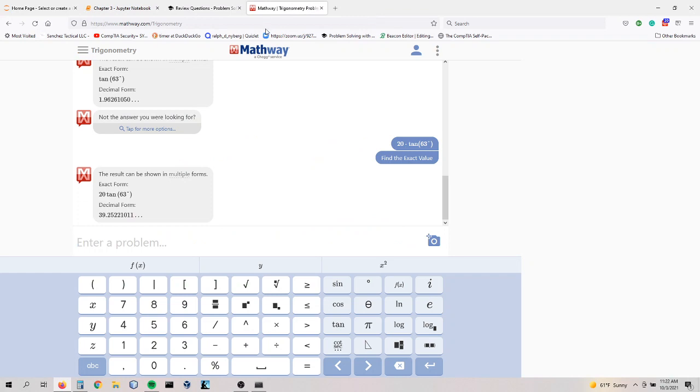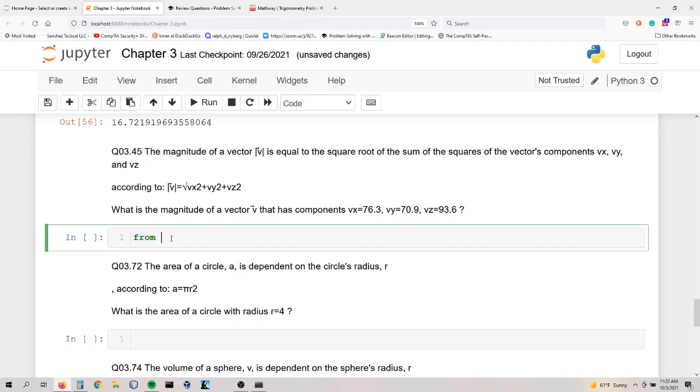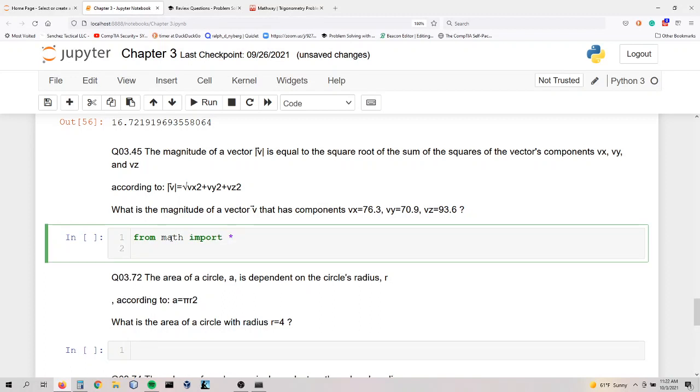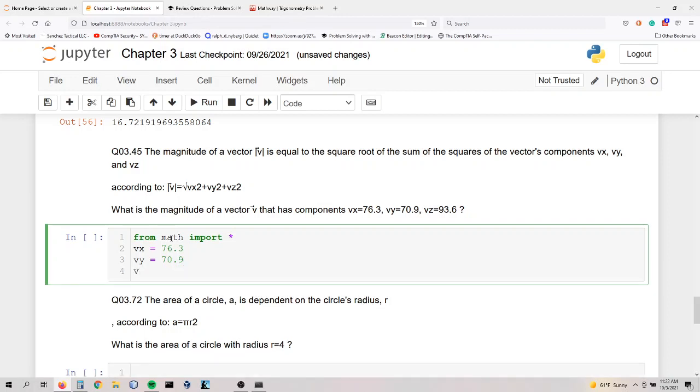Let's go ahead and just do this. I believe we still need to import math, right? So from math import star. We could just use numbers, but of course we could have variables too. Let's try this one with variables. Vx is 76.3, Vy is equal to 70.9. This is a variable-based chapter, so maybe we should practice some of this.